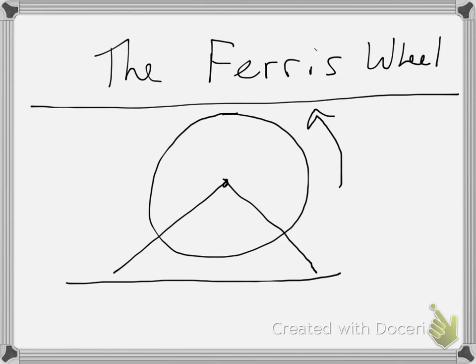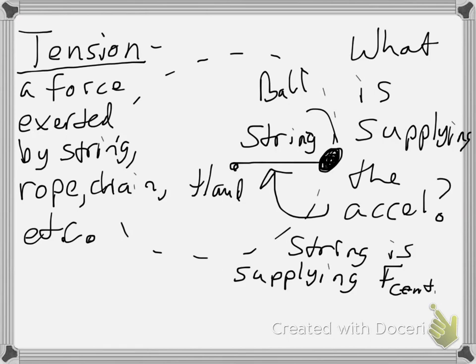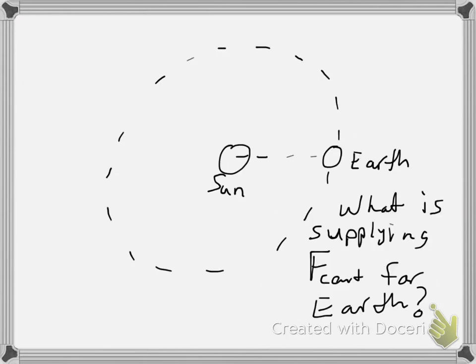So remember, okay, one thing actually that I haven't mentioned yet that I really should mention, if we go back to the Earth or the tennis ball, it doesn't really matter which. Okay, in both cases, the tennis ball being swung around on the string, or the Earth in orbit around the Sun, in both cases, what direction is the centripetal force acting?